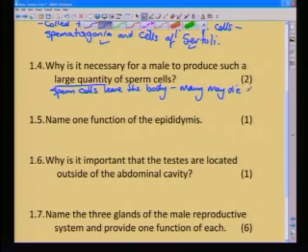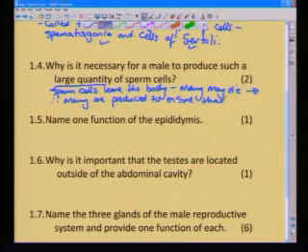And if they are going to die, we now have a problem. So therefore, many are produced to ensure that fertilization will take place.